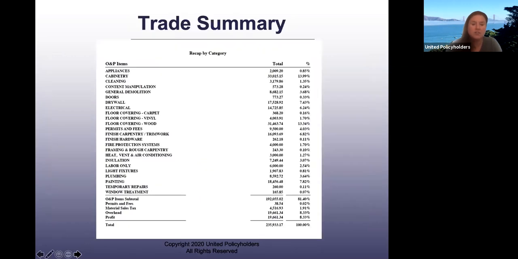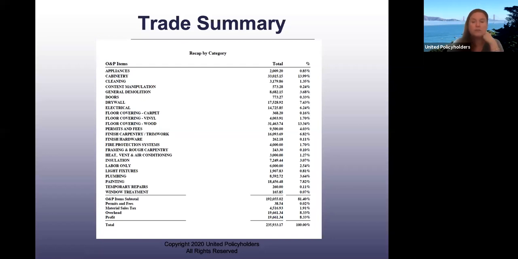Then your estimate. Have your contractor break down their estimate into these same categories, okay? Then you know exactly where you are with respect to prices, and you can focus only on the areas where there's a difference, okay?